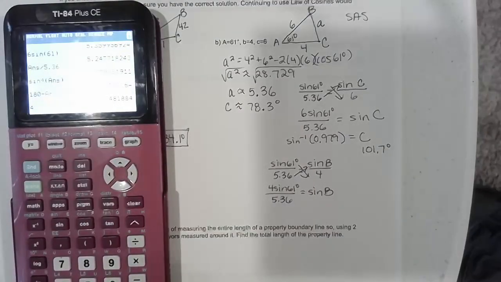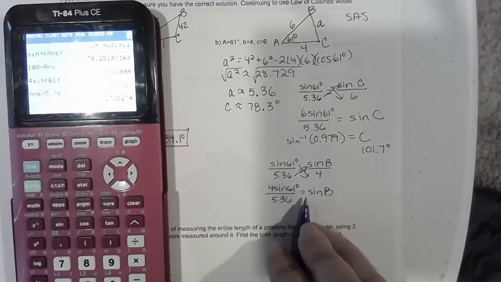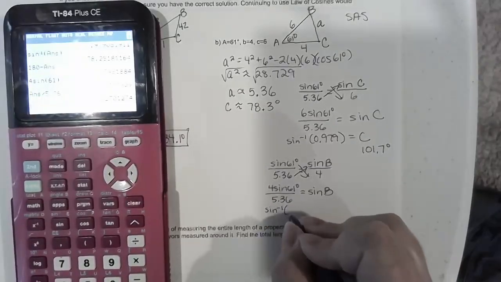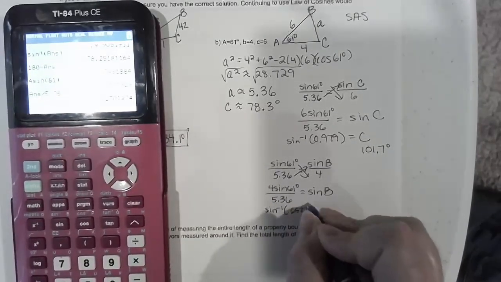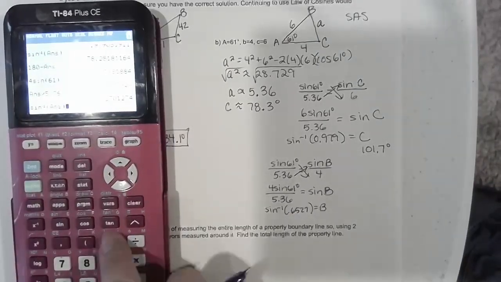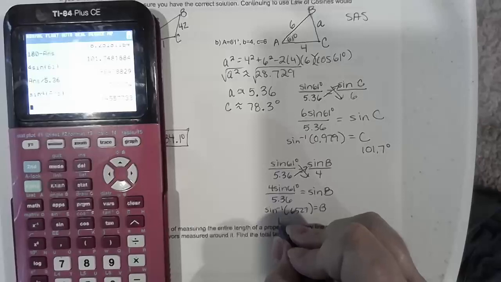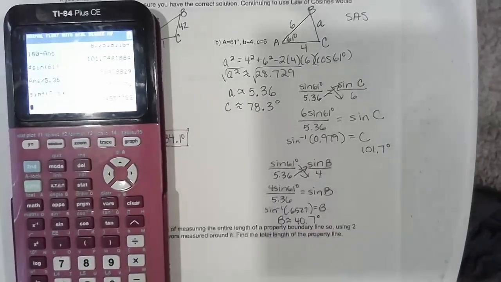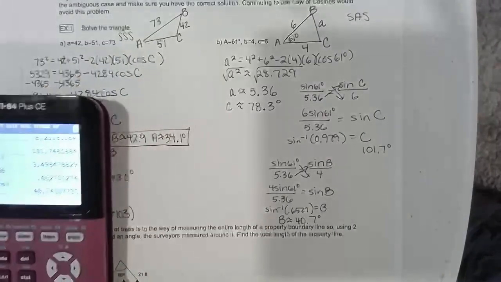And so this value I'm going to do inverse sine of, so inverse sine of 0.6527 to equal angle B. So I get B to be approximately 40.7 on that.